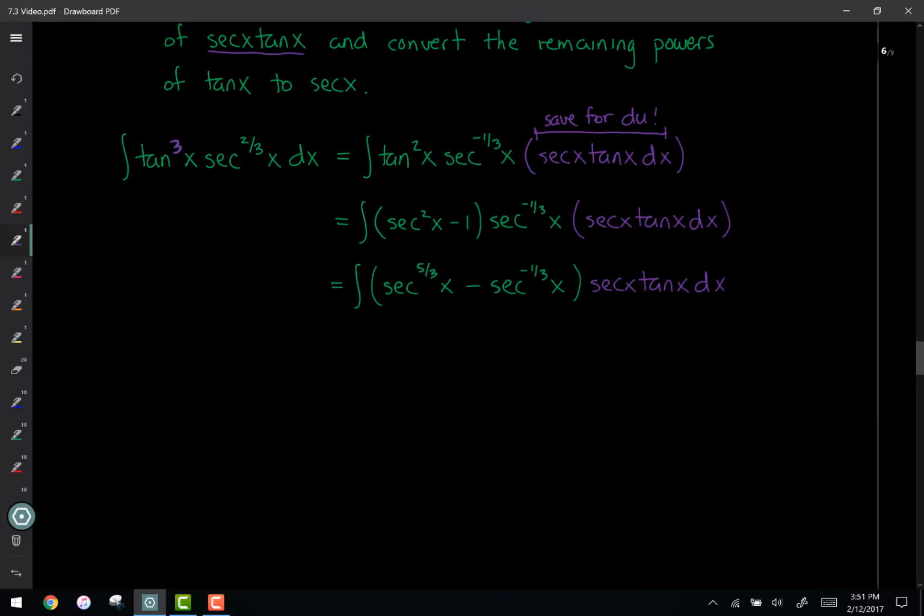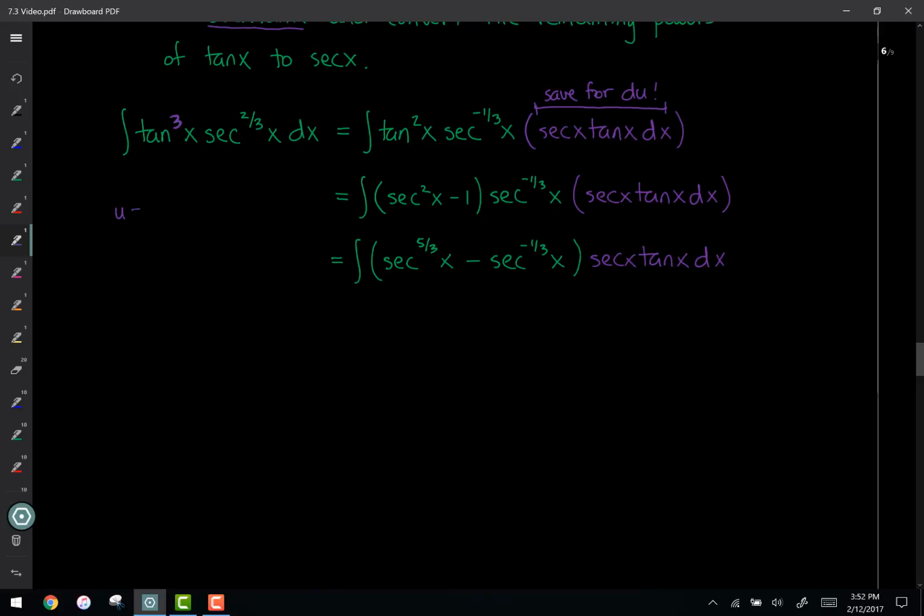If we let u be secant, the derivative of secant is secant tangent, and those guys will cancel. So u is going to be secant x. Du is secant x tangent x times dx. So dx is du divided by that stuff. So divided by secant x tangent x. Plug in our pieces.